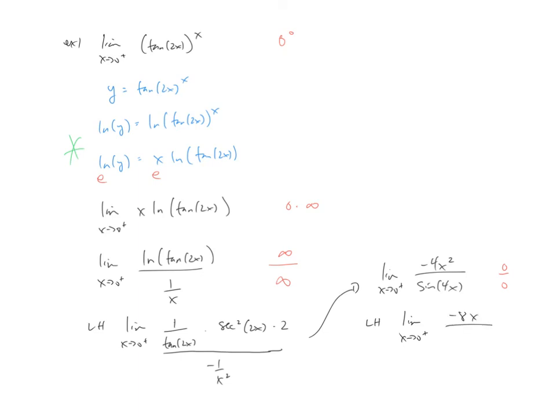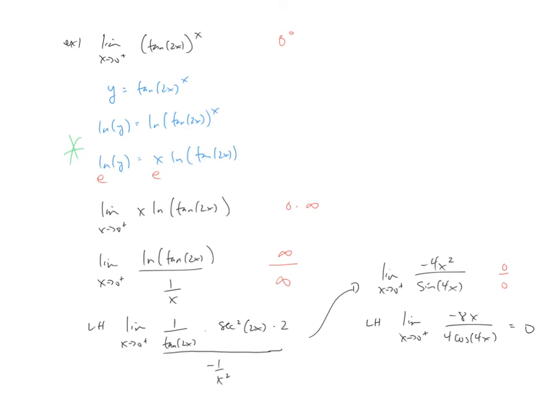In our denominator, this would be a 4 cosine of 4x when you take the derivative of that denominator. Now when you plug in the 0, you can see in the denominator here, this goes to 1, so we'd have a 4, but in the numerator we would have a 0. So 0 over 4 would go to 0.